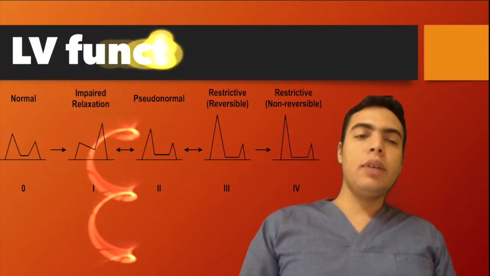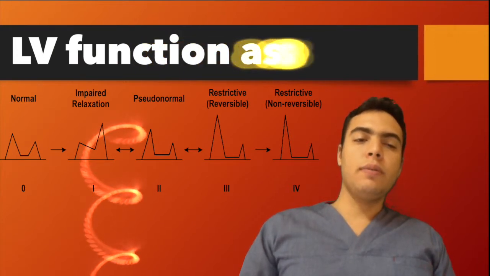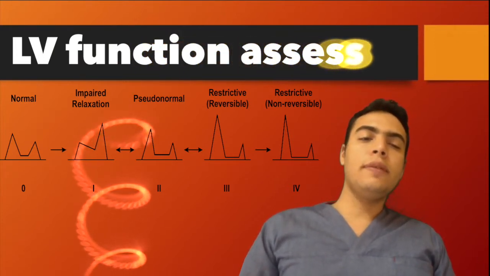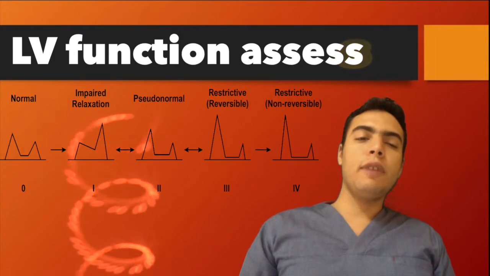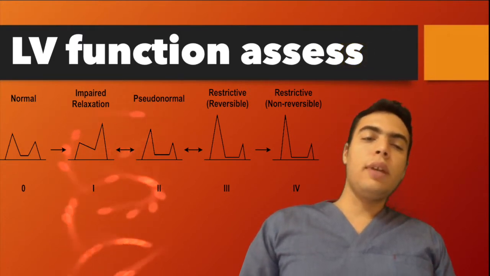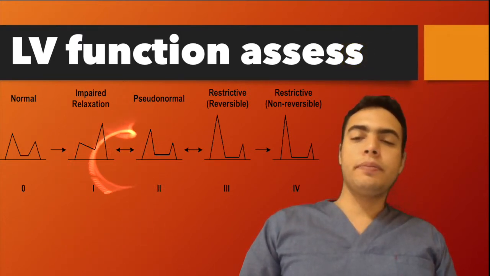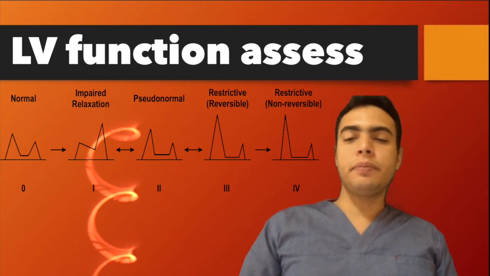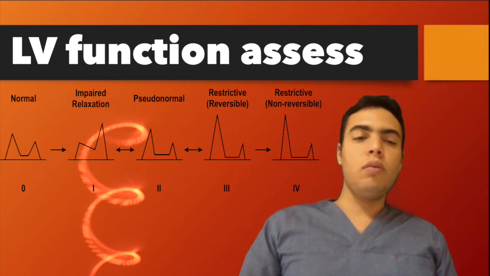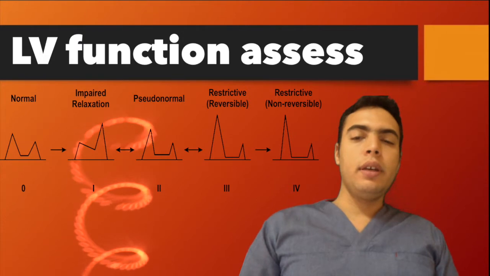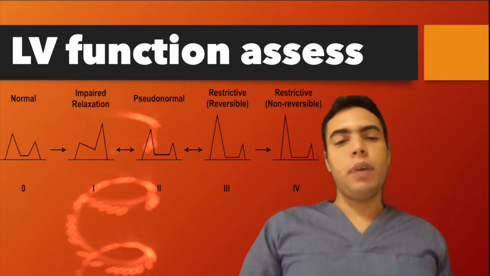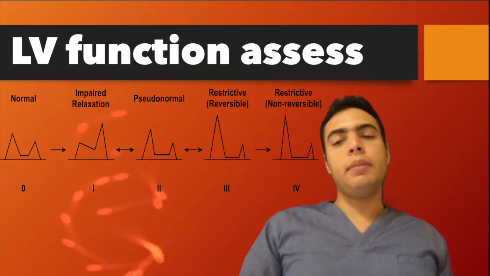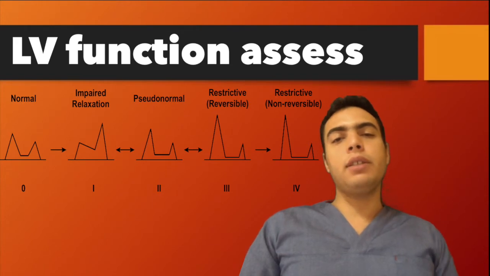And now with the grading of the diastolic function or diastolic dysfunction. Actually, it is very important to grade the diastolic dysfunction in echocardiography. So here we add a pulsed wave at the mitral valve to see the mitral flow.